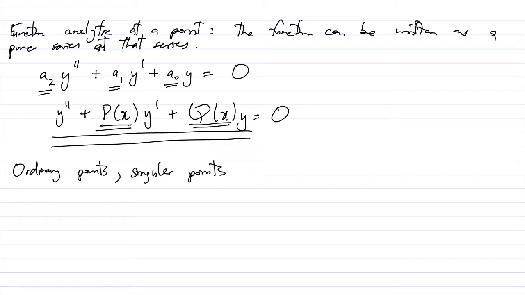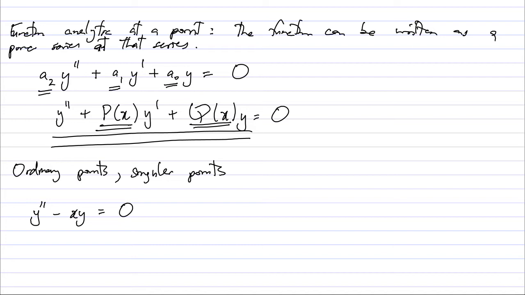So that's an ordinary point. If you don't have an ordinary point, then you just have a singular point. For example, given this differential equation, here's a nice second order linear differential equation. p of x is of course 0, q of x is minus x.